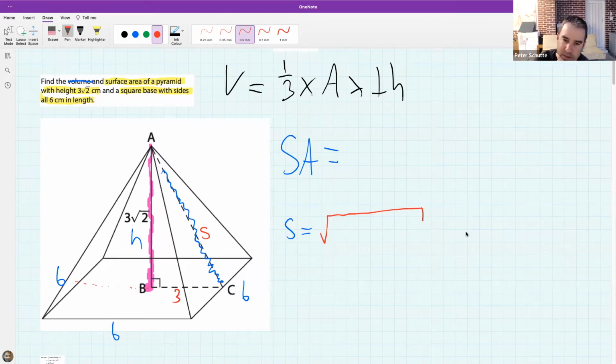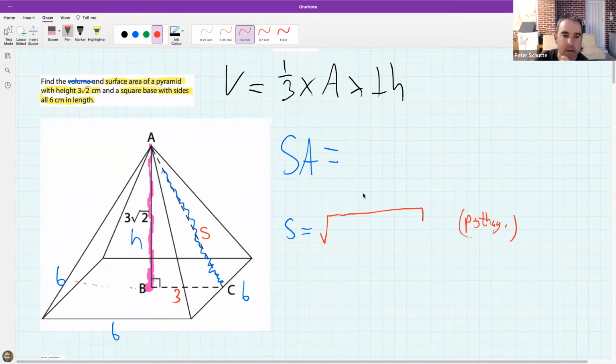We are going to use Pythagoras, and we can do that because it's a right angle triangle. I'll give you a bit of time to work that out.